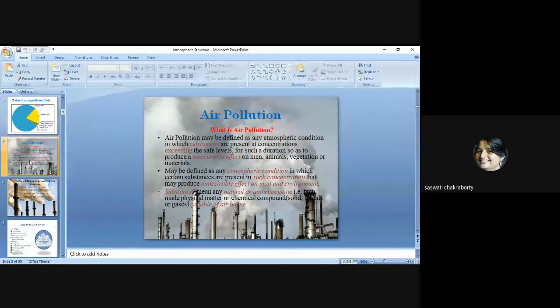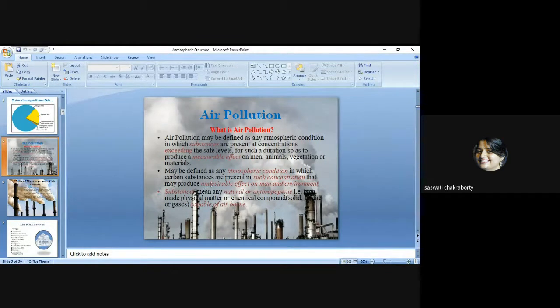And exceeding this safe level has a tremendous effect on human beings, animals, and vegetation. So air pollution is defined as an atmospheric condition in which substances are present at concentrations exceeding the safe level. When the normal constituents like carbon, nitrogen, and oxygen exceed a certain safe level, we call it air pollution, because they have a measurable, tremendous effect on man, animal, and vegetation.